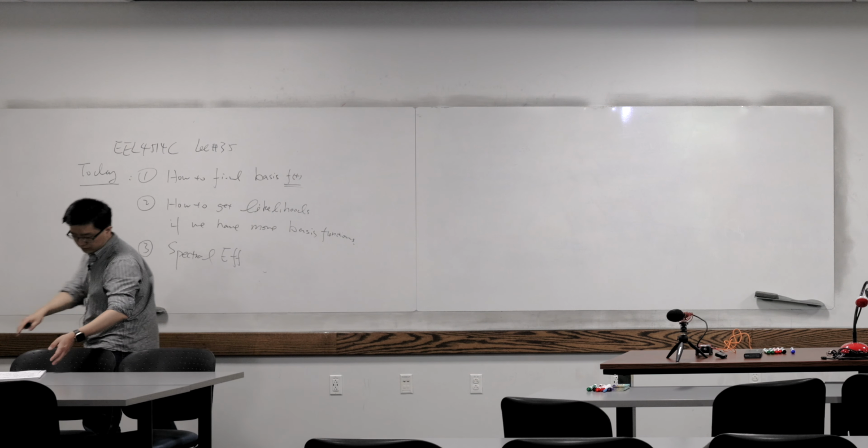Okay, and another important metric is called energy efficiency. Probably we don't have time to talk about that. Let's see how far we can go for today. Probably we can finish the second part, hopefully. And then in the next class, we're going to talk about spectral efficiency, and then we'll talk about energy efficiency, and then we're pretty much done.